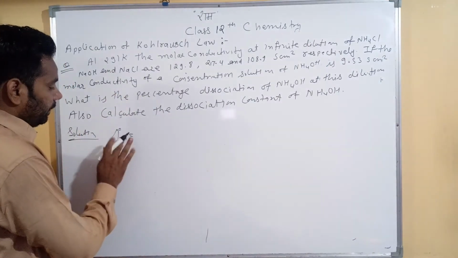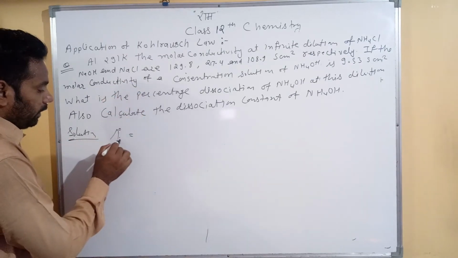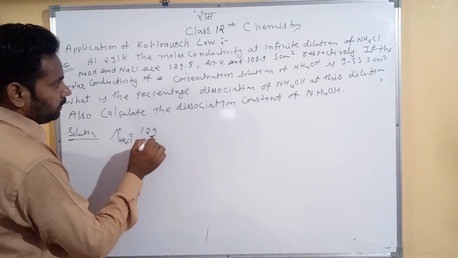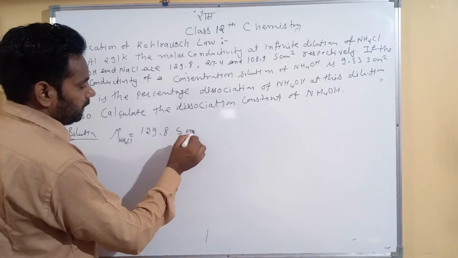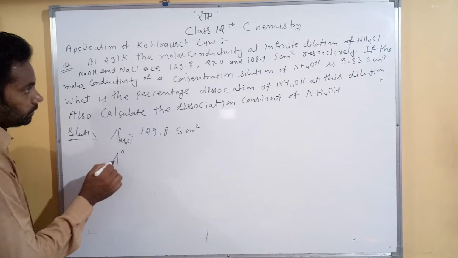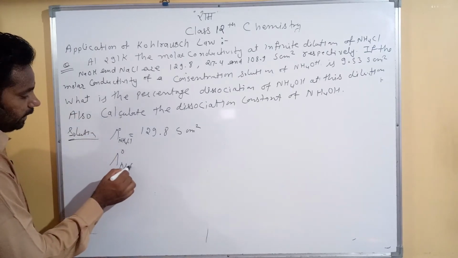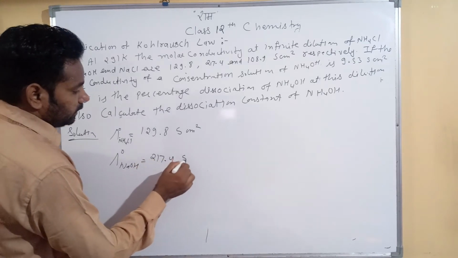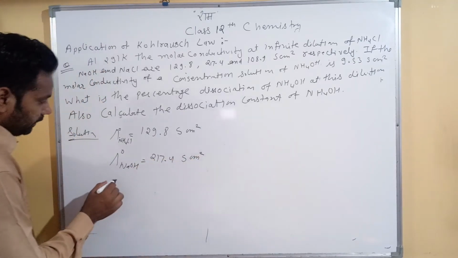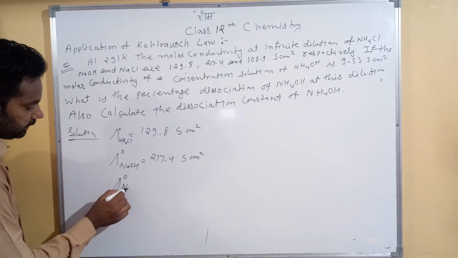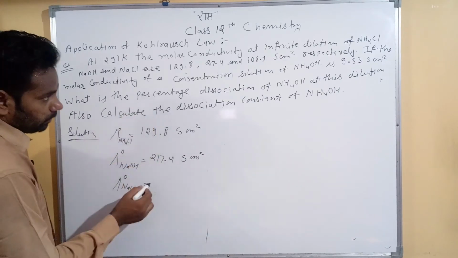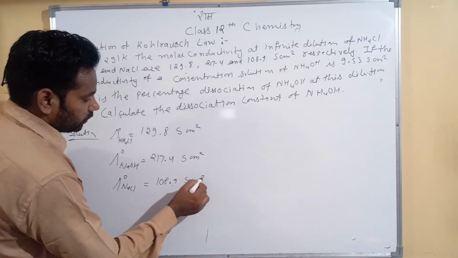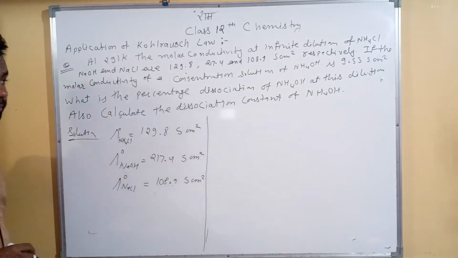So I can mention here the limiting molar conductivity of NH4Cl is 129.8 Siemens centimeter square, NaOH is equal to 217.4 Siemens centimeter square, and NaCl is equal to 108.9 Siemens centimeter square. Okay, it's given.